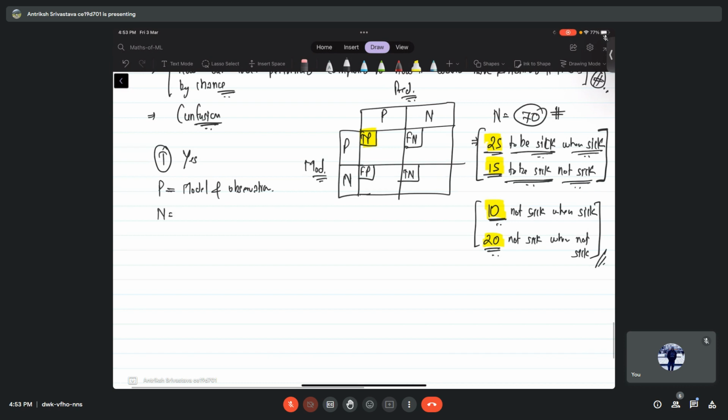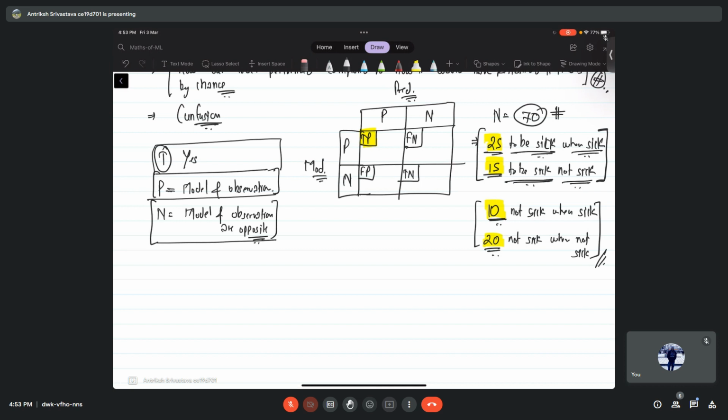Negative means model and observation are opposite. So why don't you take a gamble and tell me what will be the entry for true positive?